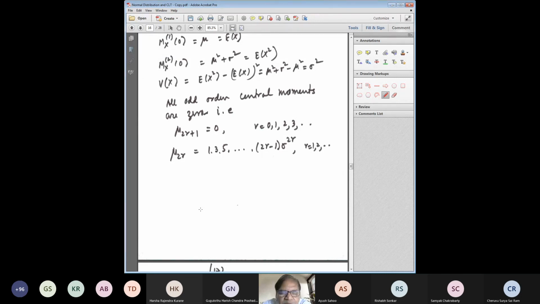Means you started with geometric individual terms, but the sum has a different distribution, the negative binomial. Similarly, the sum of exponentials follows the gamma distribution.